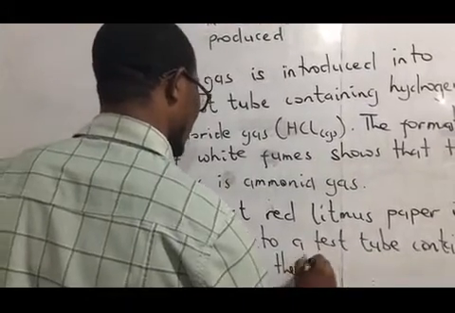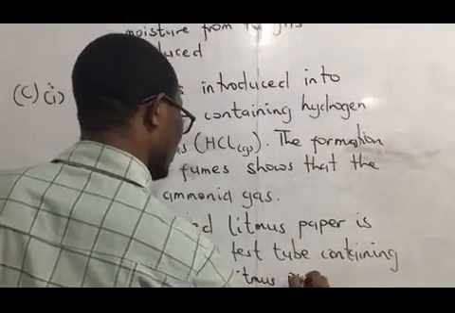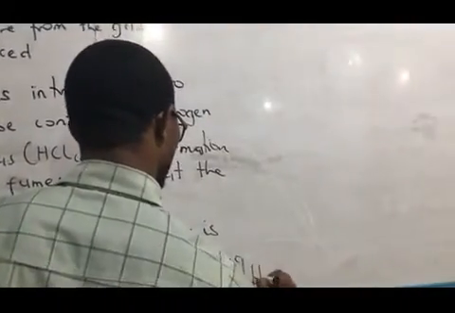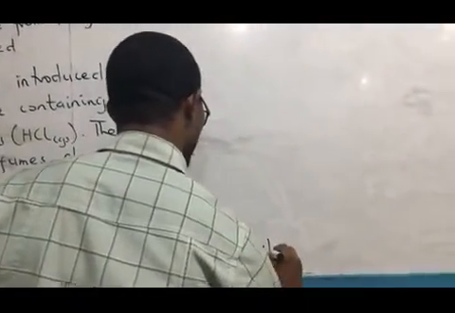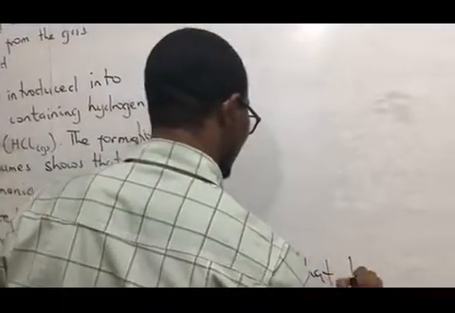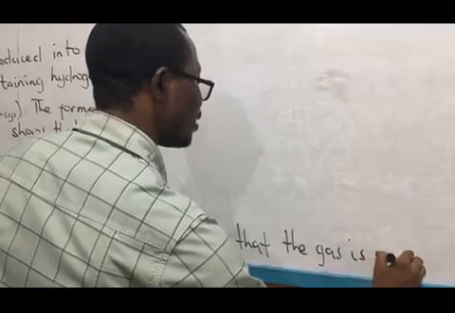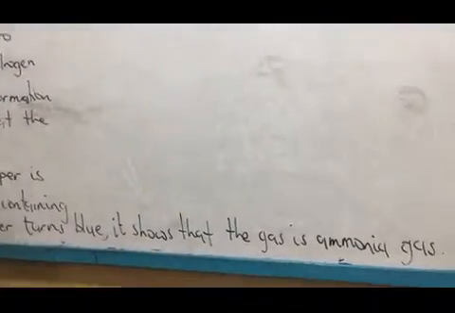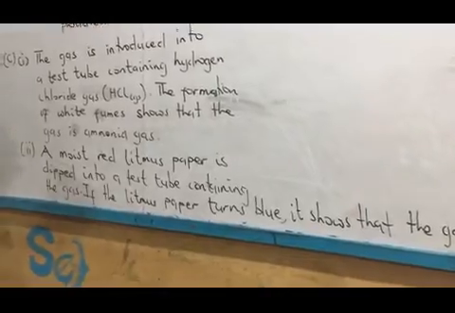So if the litmus paper turns blue, it shows that the gas is ammonia gas. Okay. So that is for CII.